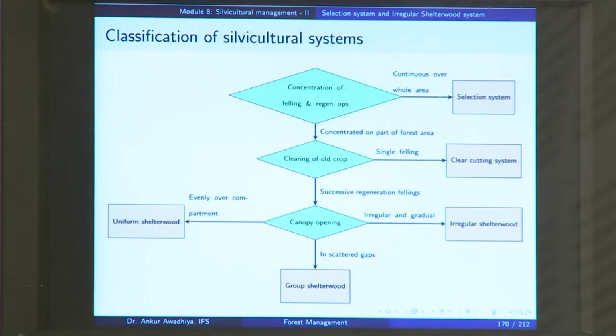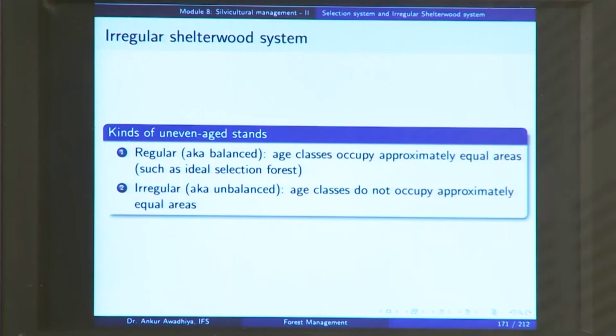So, this is a Shelterwood system in which you are maintaining a shelter of the old crop, and you are doing your operations in such a manner that you maintain the irregular characteristic of the forest. Now we will look at the irregular Shelterwood system in more detail. First of all, we talked about even age versus uneven age.